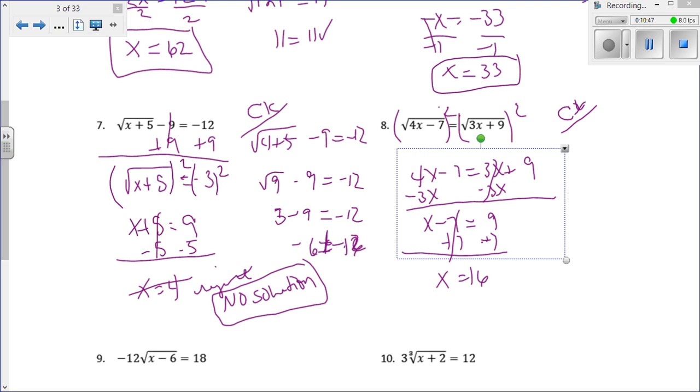So for my check, I will have 4 times 16 minus 7 on one side, under the radical. On the other side, I'll have 3 times 16 plus 9. Well, 4 times 16 is 64 minus 7.